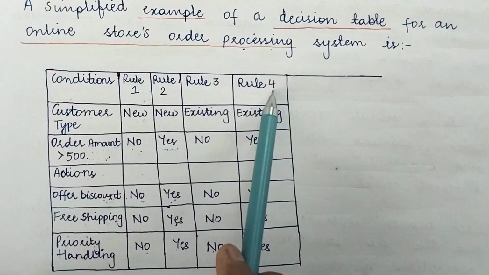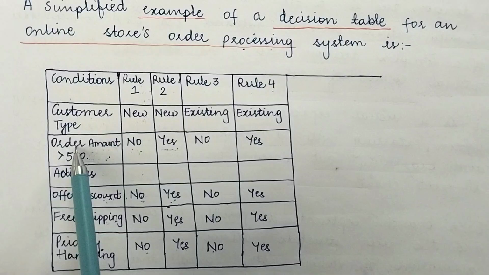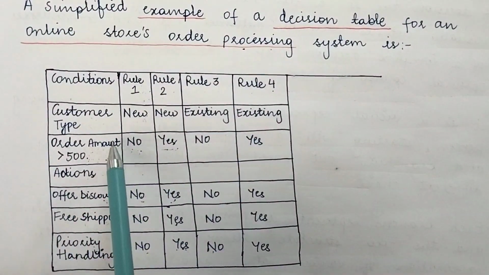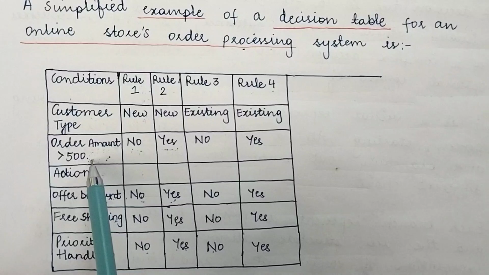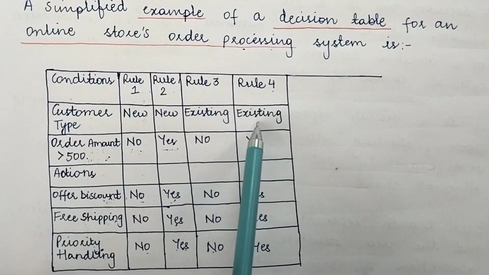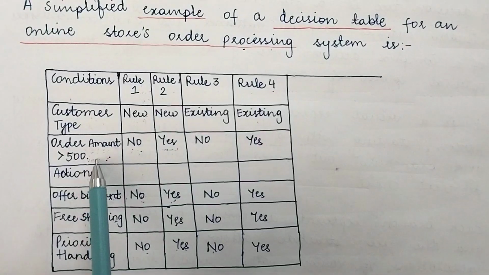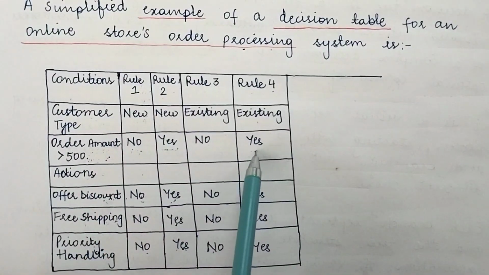Then as per Rule 4, for the same condition, that if the order amount is greater than 500. So if the order amount is greater than 500 and the customer is existing, the customer type is an existing customer, and the order amount is greater than 500, yes is written here, that means the order amount is greater than 500.